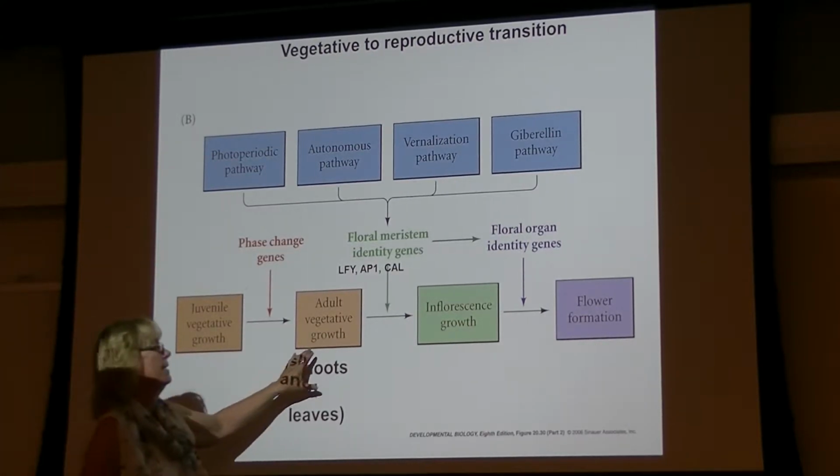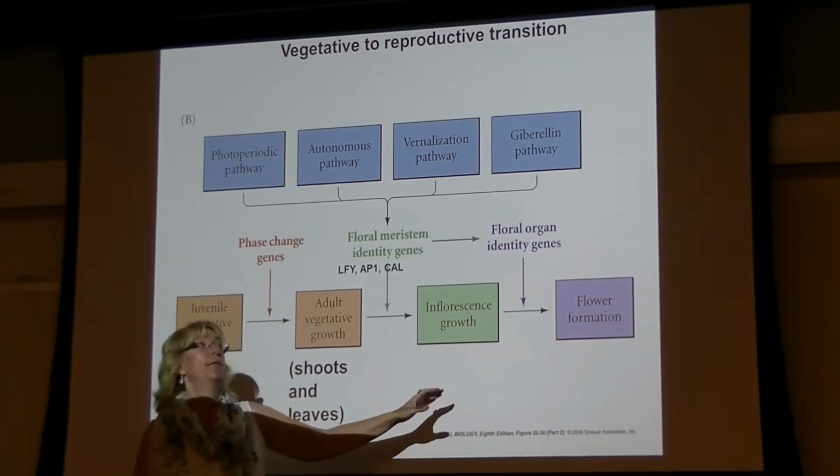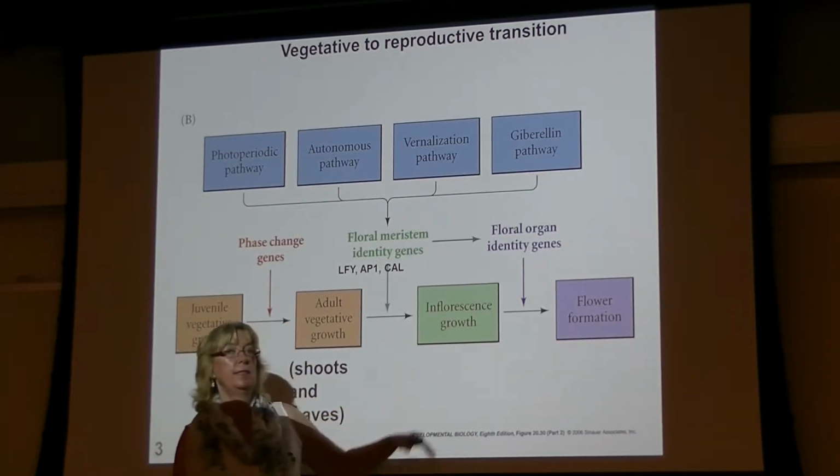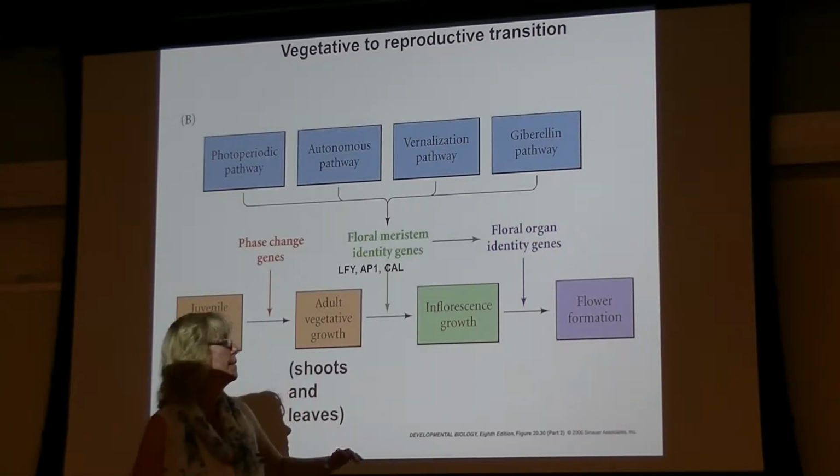First, there's a step to create a meristem capable of making a flower, and this is called the inflorescence growth. So the term inflorescence just refers to the entire flower structure, which in many plants is actually multiple different flowers. So just this entire flower structure or cluster of flowers.